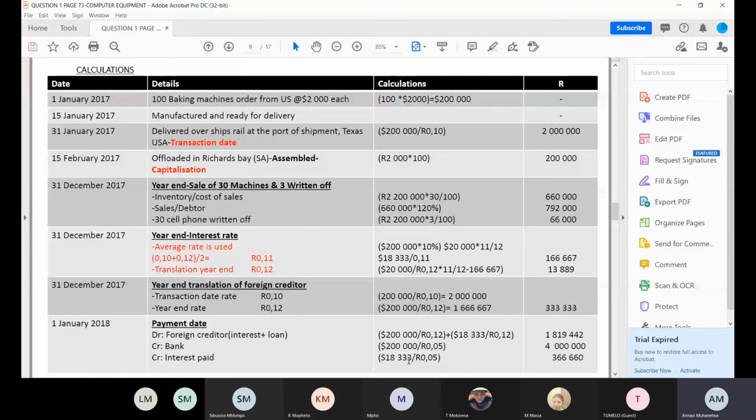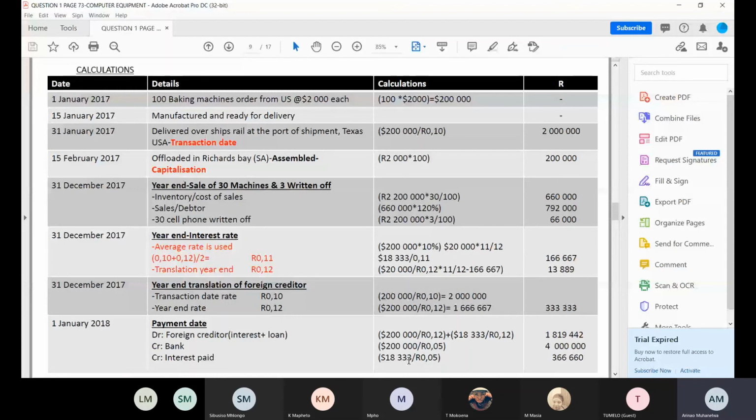Then, if we do that, you must get 4,366,660. Then we need to determine how much we are paying for the creditor and the loan. Not the actual cost. We use the spot rate at year end, which was 0.12.